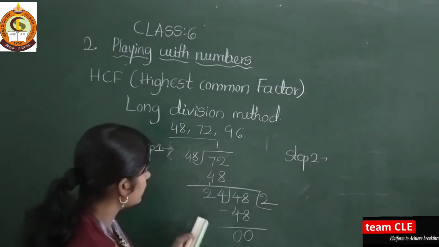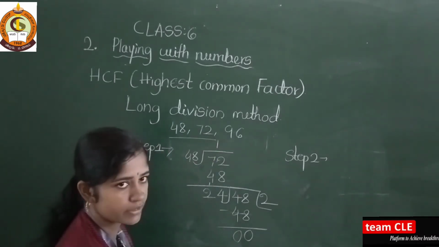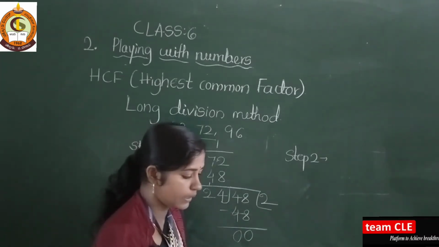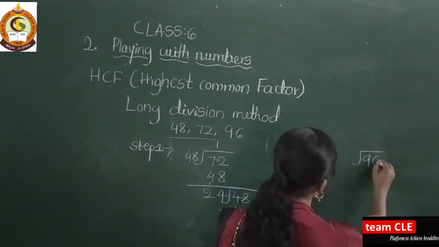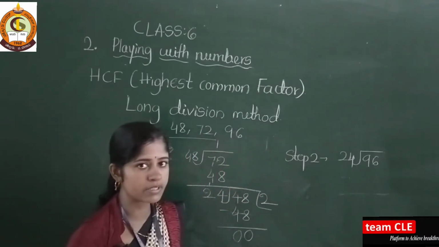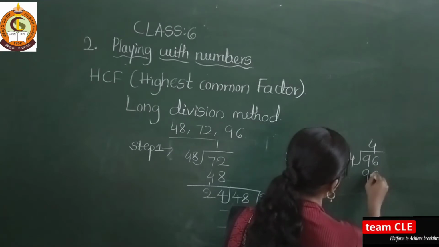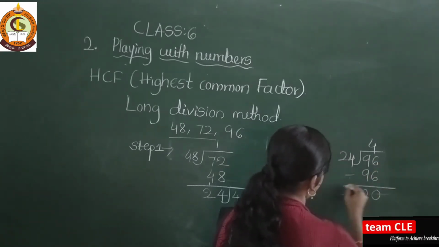Next, one more number is there, and that is 96. You divide it with 24, because 24 is the HCF so far. So write 96 and write 24. Then tell me, 24 times how much is 96? 24 fours are 96. 6 minus 6 is 0, 9 minus 9 is 0.